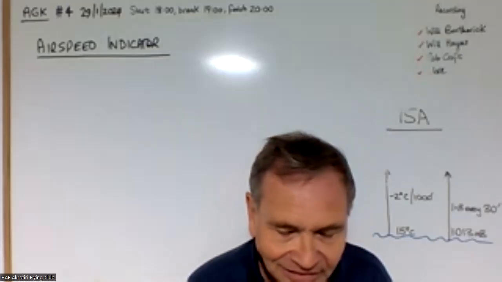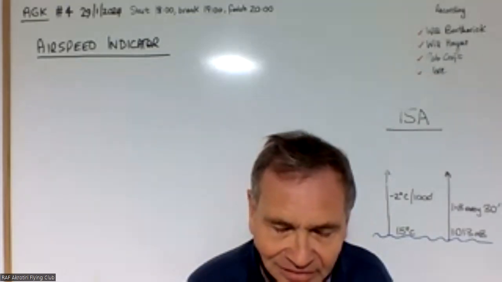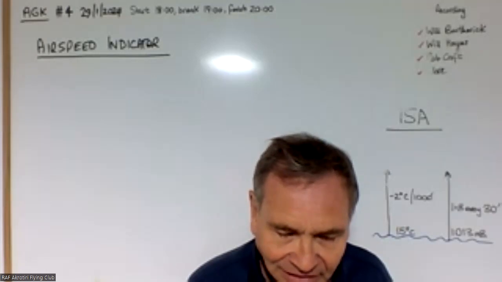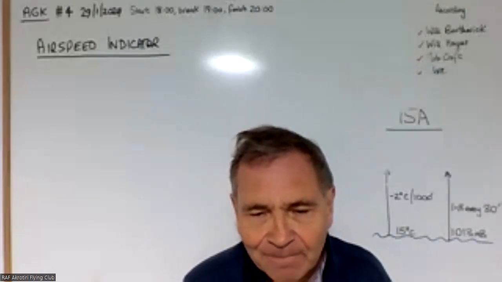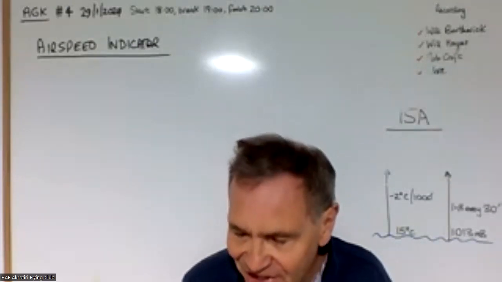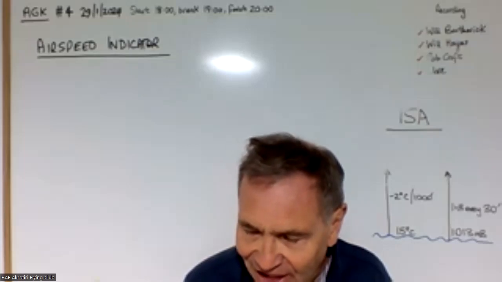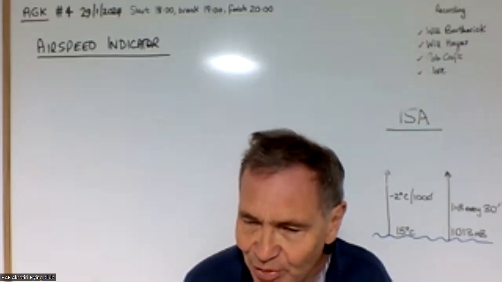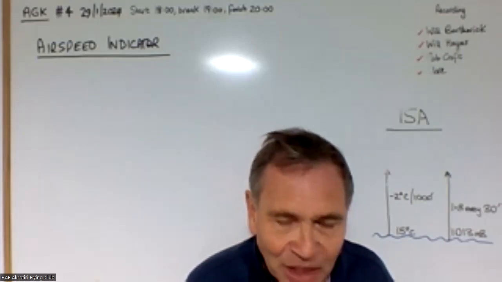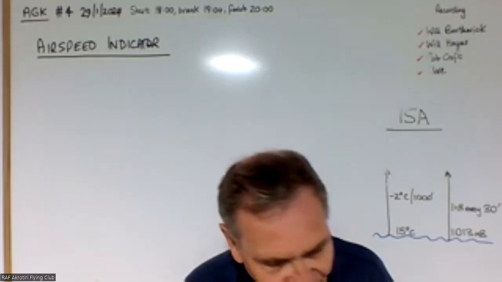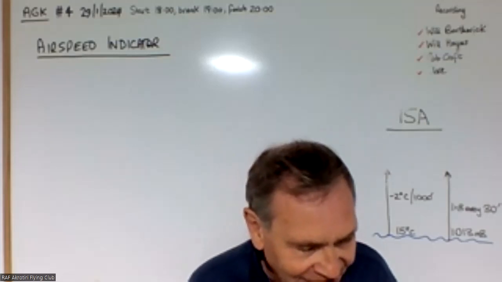Any idea? Would it just cause it to freeze at the value that it stopped at? Absolutely, you're dead right. Because the static pressure that it's blocked at is still the right static pressure anyway, isn't it? So it'll just carry on showing the correct airspeed.